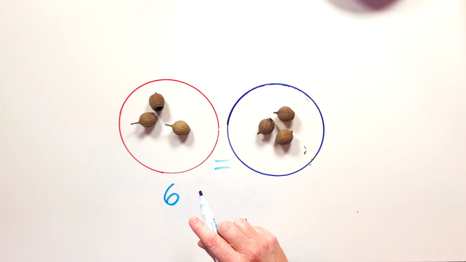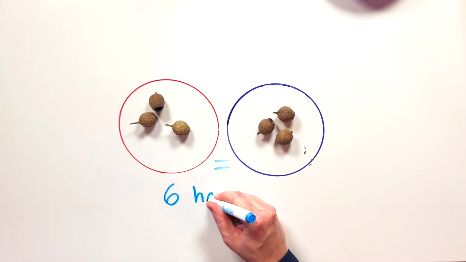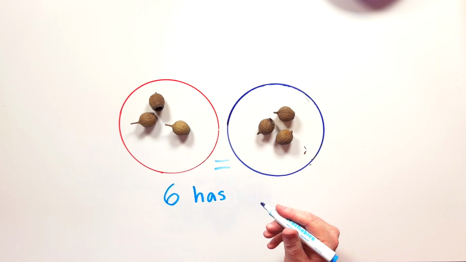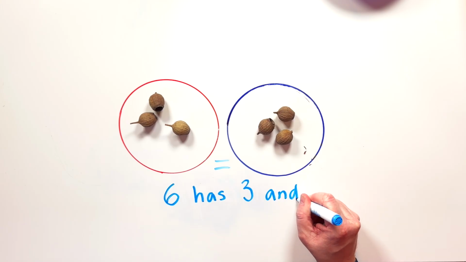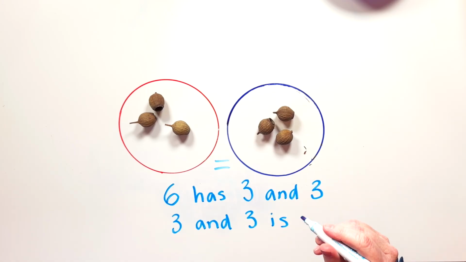What have we just learned that 6 has? 6 has 3 and 3. And we could also say that 3 and 3 is how many altogether?